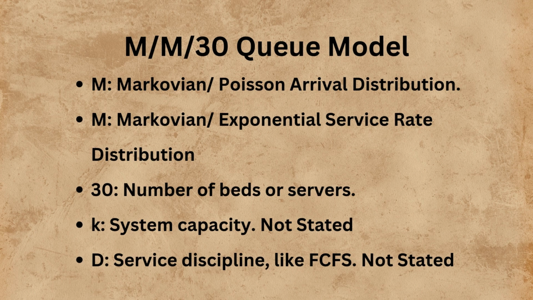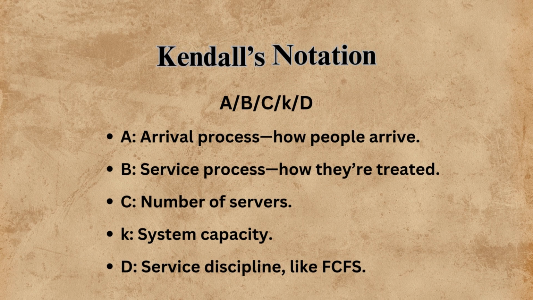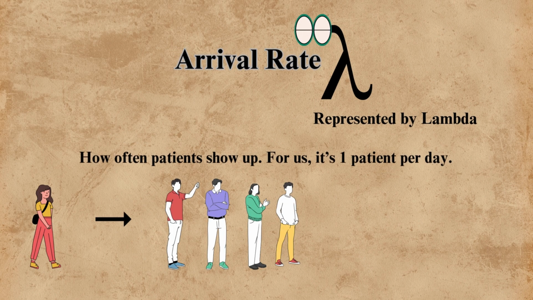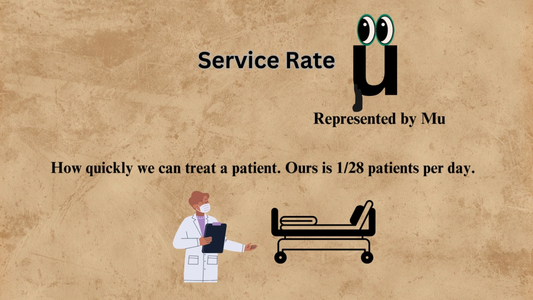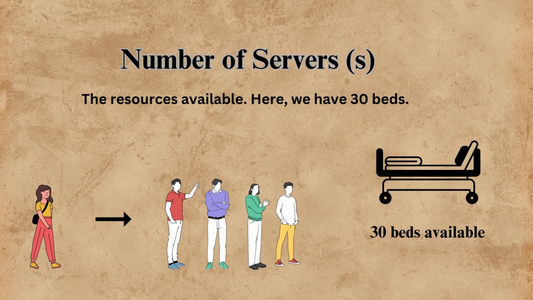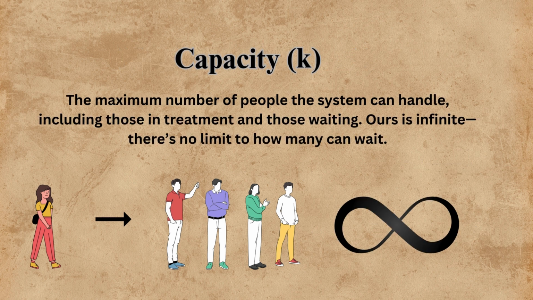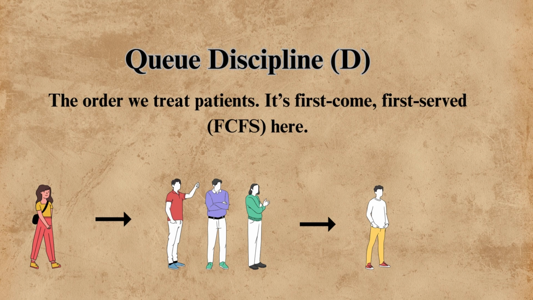Let's understand what it means. This is Kendall's notation, which has 5 sections: A, B, C, K and D, where A is for arrival rate, B is for service rate, C is for number of servers, K is for maximum capacity of the system, and D is for queue discipline.